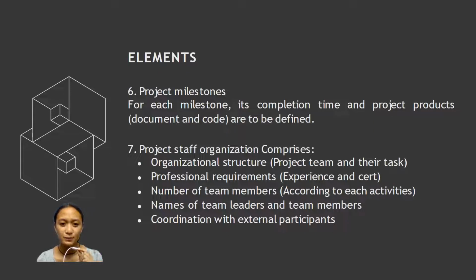For the seventh element, project staff organization comprises organizational structure, which includes the project team and their tasks, the professional requirements, the experiences and the certificates of the team members that are included in the project, the number of team members according to each activity and according to their role and responsibility, the names of team leaders and the team members, and coordination with external participants.